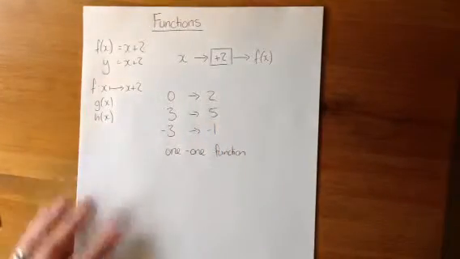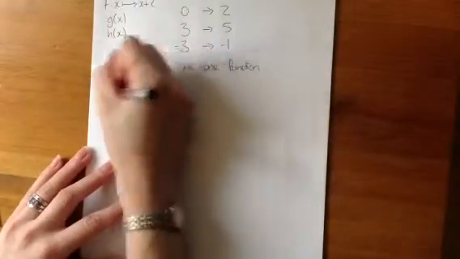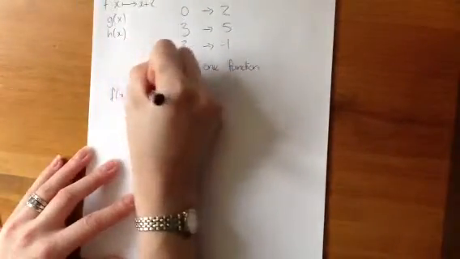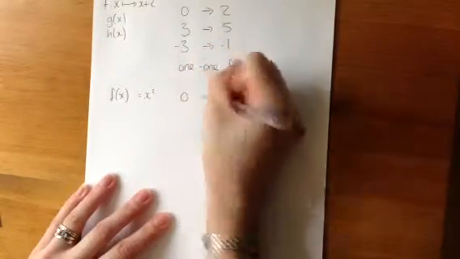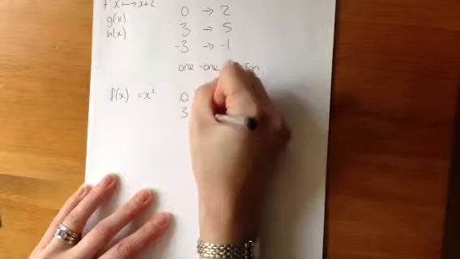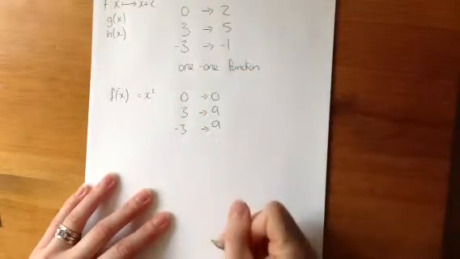A function that's not so 1 to 1 is something along the lines of this. If our function is x squared, then we could take our 0 and it would give us 0, and we could take our 3 and it would give us 9. But if we take minus 3, it will also give us 9.